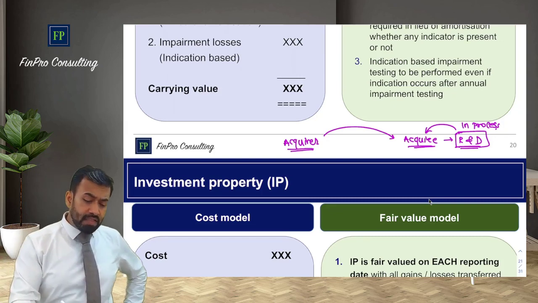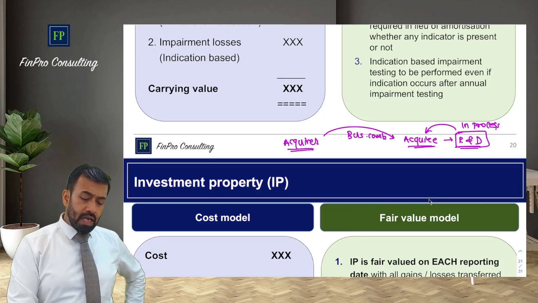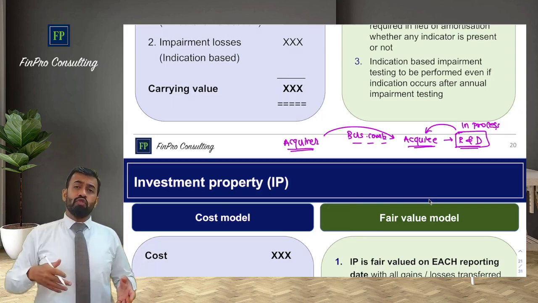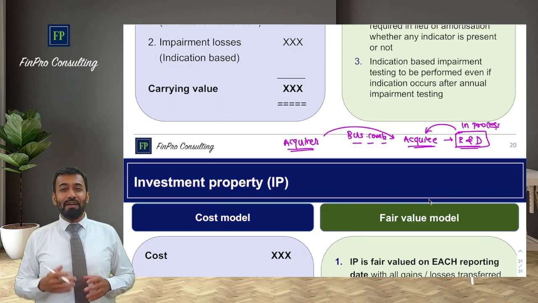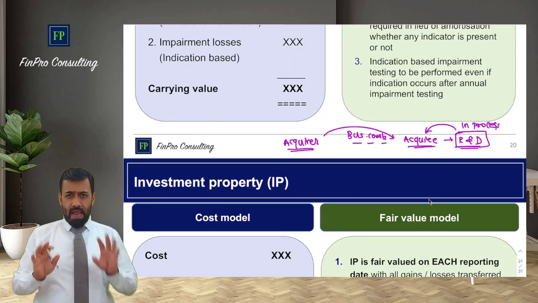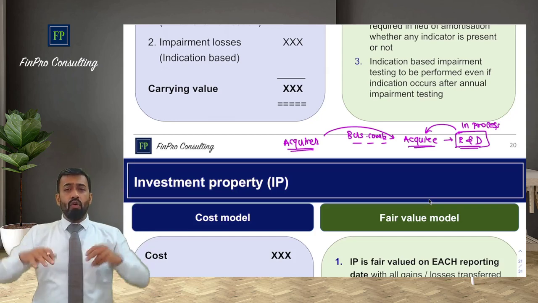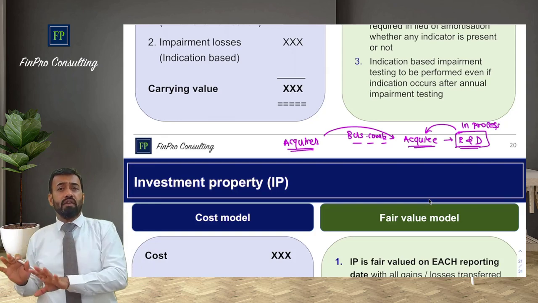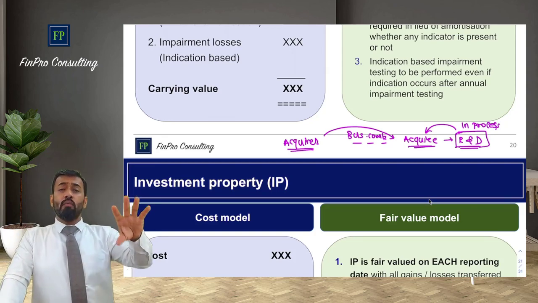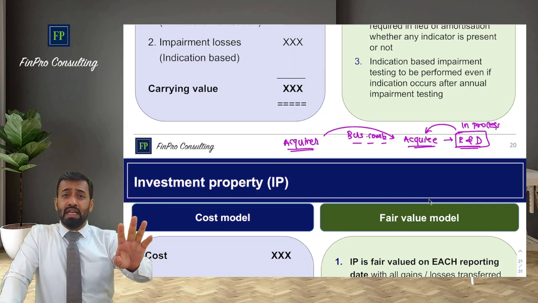Now, considering this is acquired in a business combination, externally, the probability of future economic benefits is assumed. Any asset which is acquired externally or in a business combination, not internally generated, its probability of future economic benefits is assumed to be satisfied in the recognition criteria.